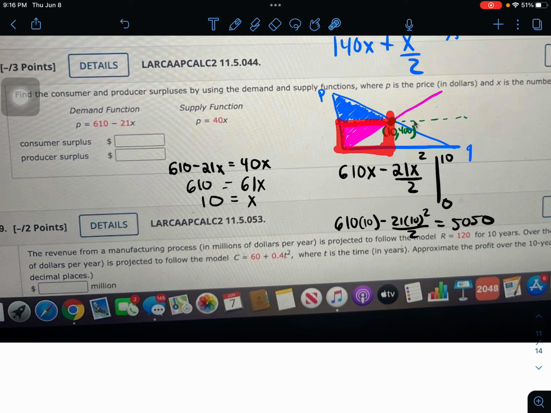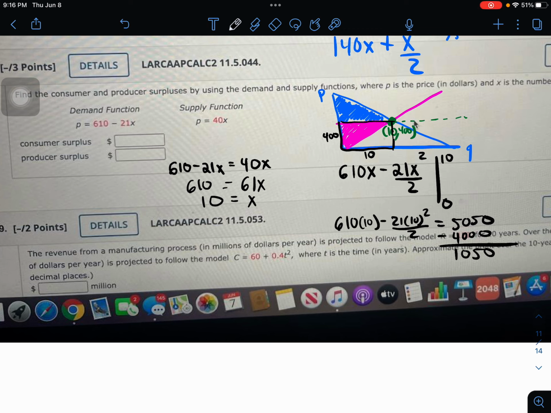So the area of this rectangle right here is going to be the height, which is equal to the equilibrium price, times the length, which is equal to the equilibrium quantity. 400 times 10, well, that's 4,000. So that rectangle is 4,000. And I'm going to subtract that out of the area I just found. And when I do that, I get 1,050.